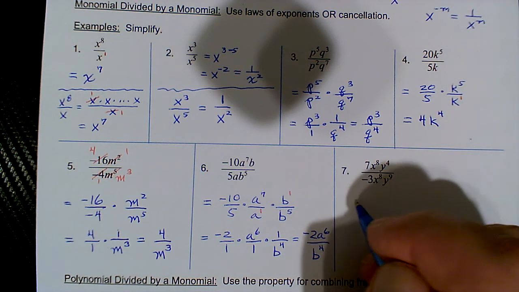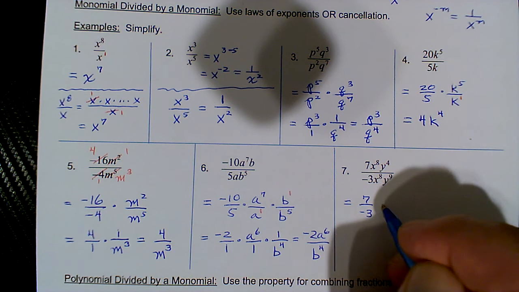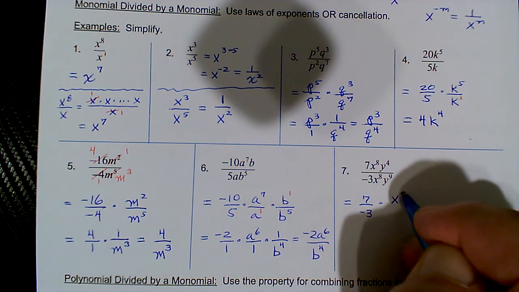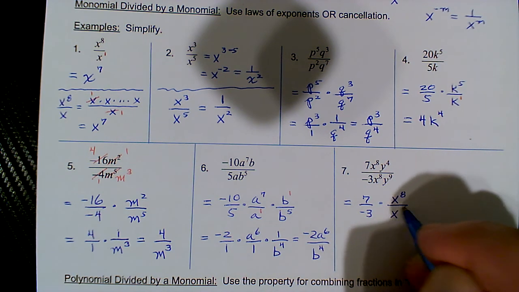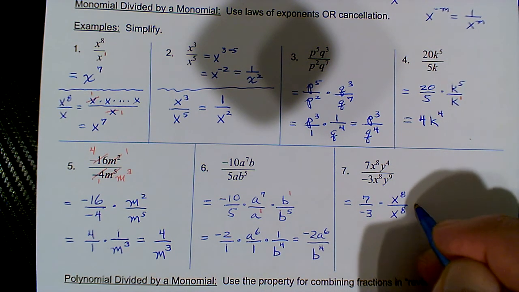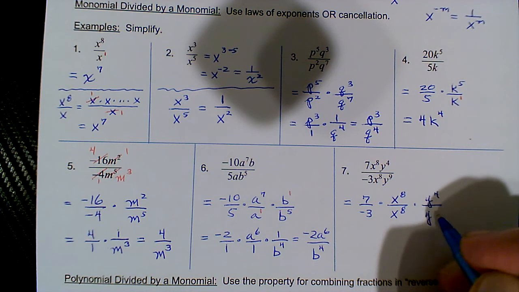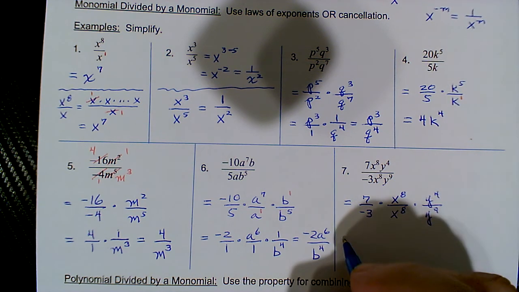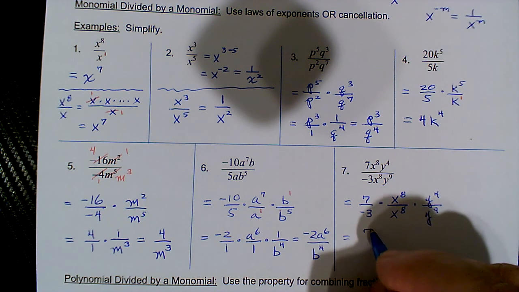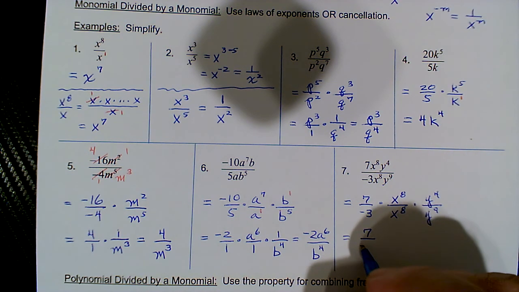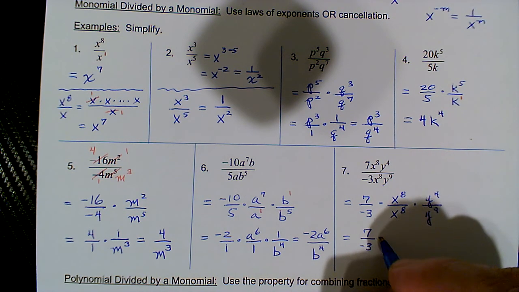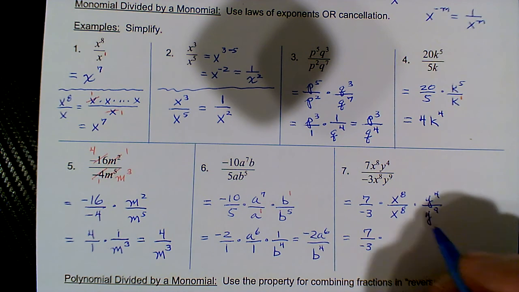And then a final example. Again, I'll separate things, but you could just jump right in there and note the cancellations. There's actually nothing to cancel with regard to the coefficients. 7 over negative 3 or negative 3 over 7 is basically preferred.